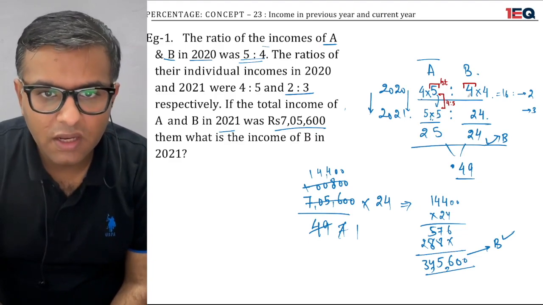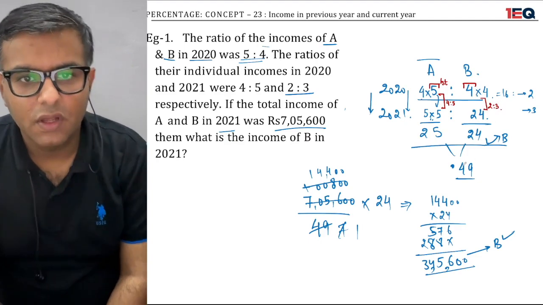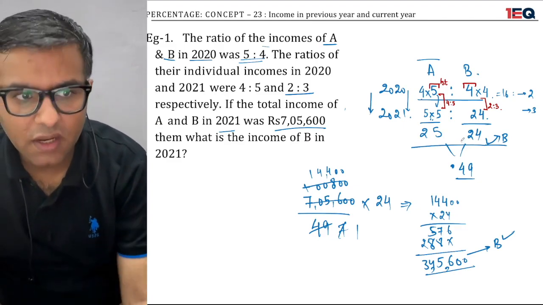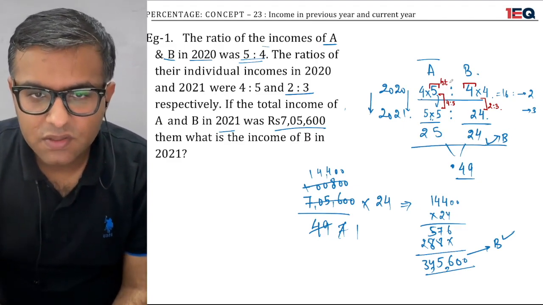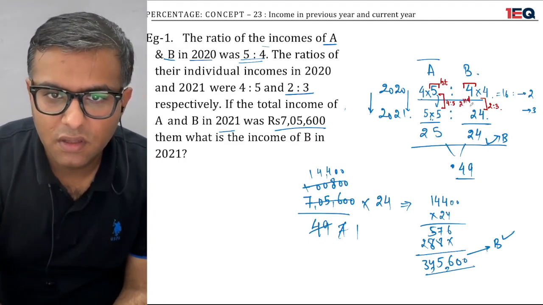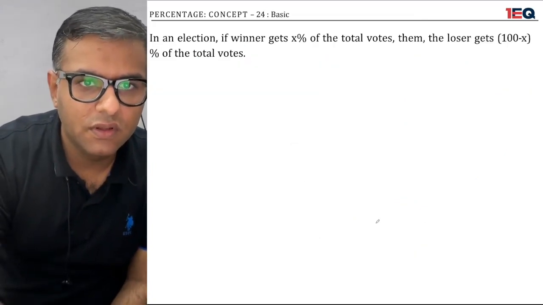For A alone and for B alone, this is 2 is to 3. So if the total income of A and B in 2021 is this, then what is the income of B? This is the only trick, the second part of it, which you need to solve and you will be through with the question.